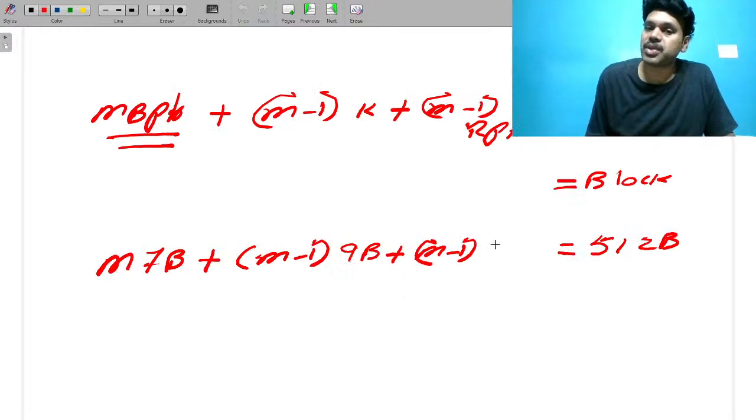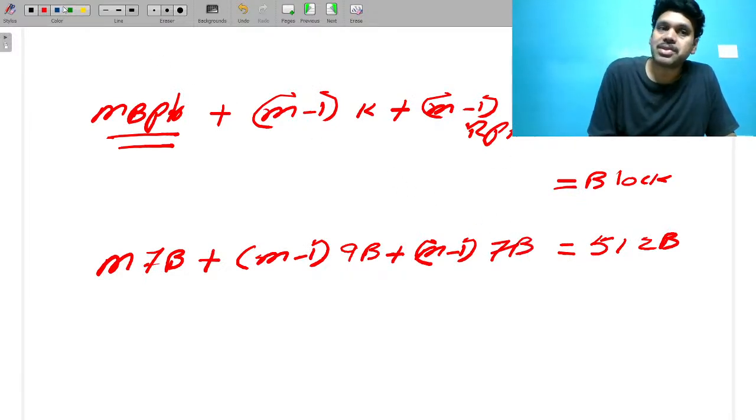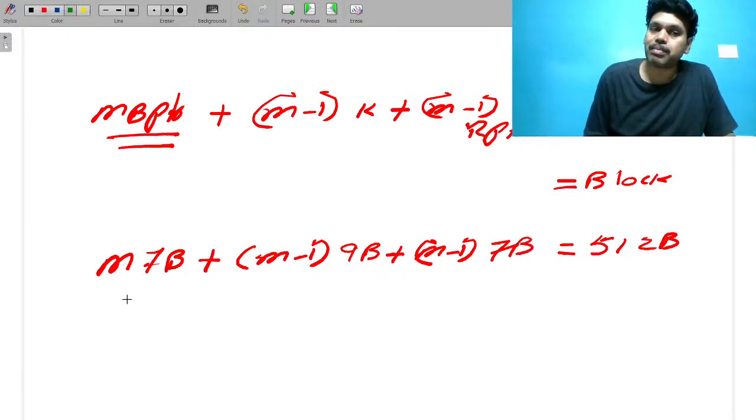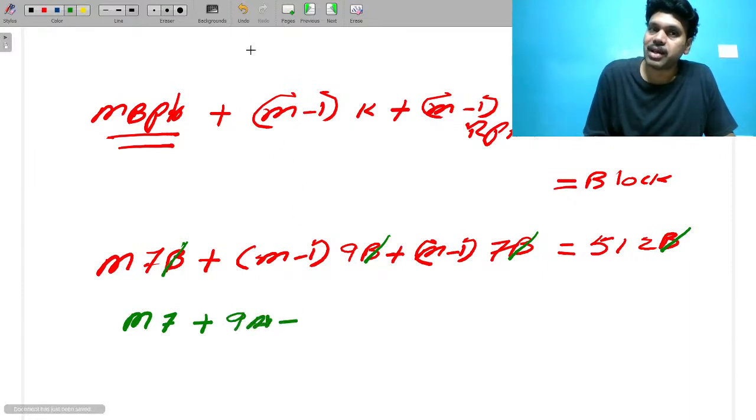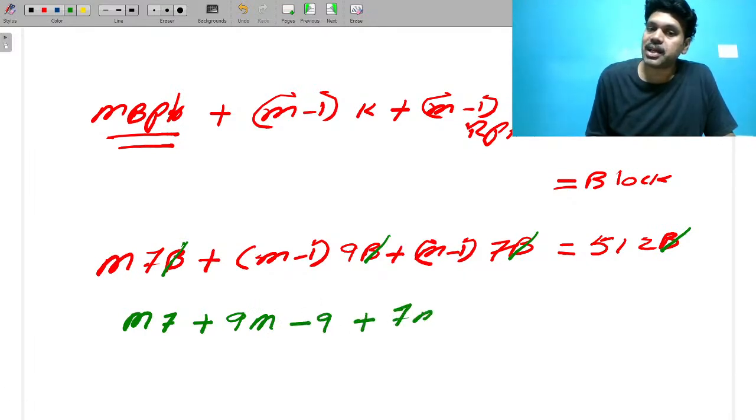So after posting that, you do the calculation part. All are in bytes only. So all are in bytes representation. Let me take the numericals. So 7M plus 9M minus 9 plus 7M minus 7 is equal to 512.